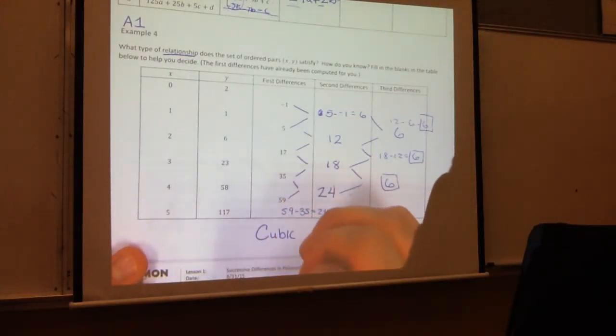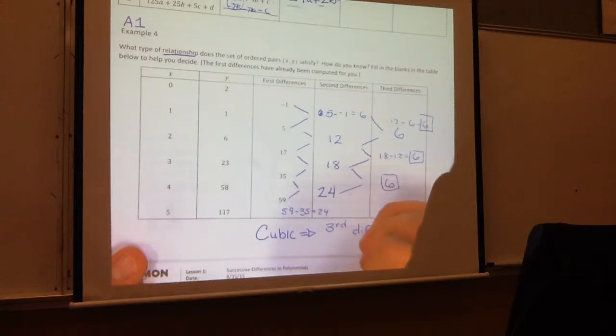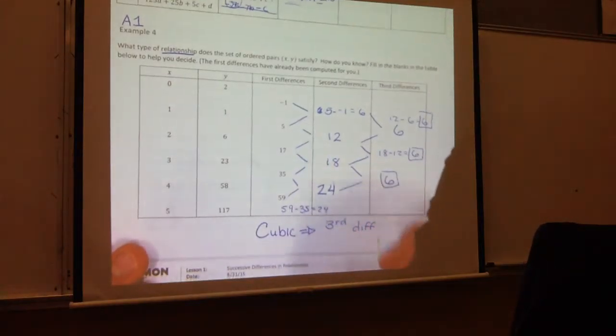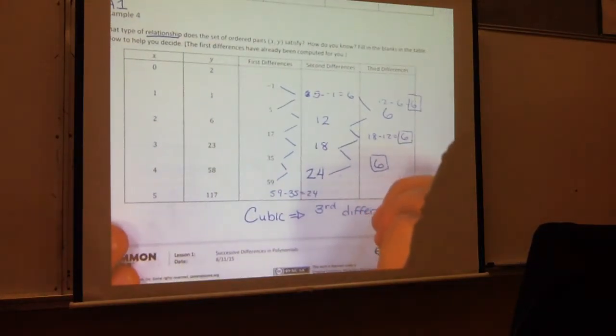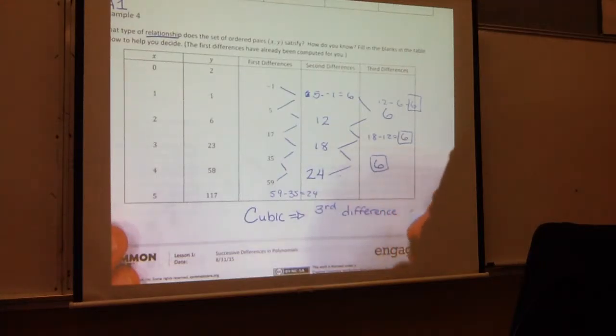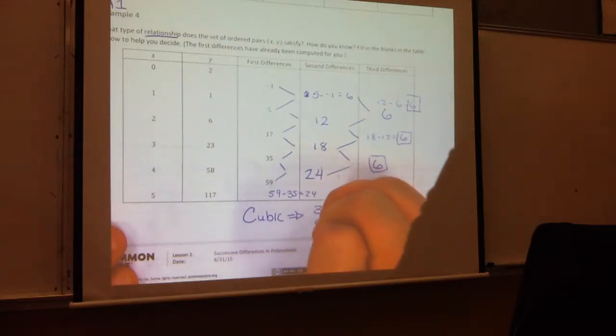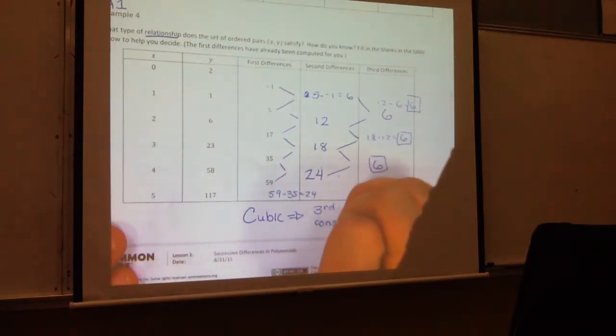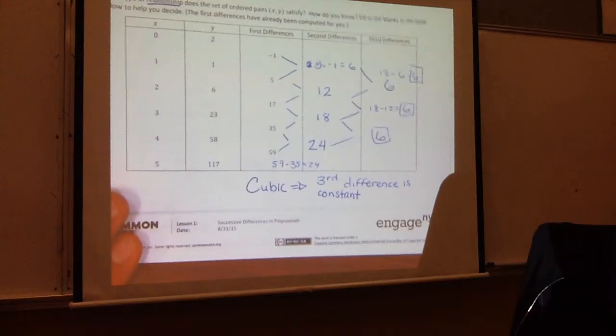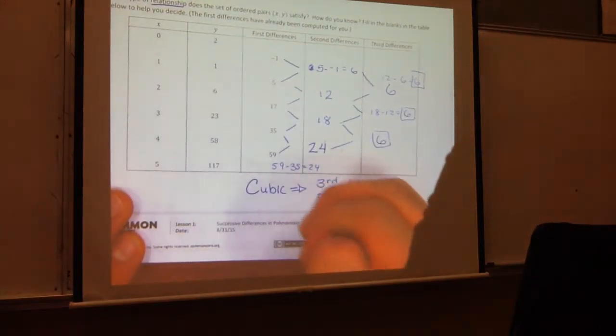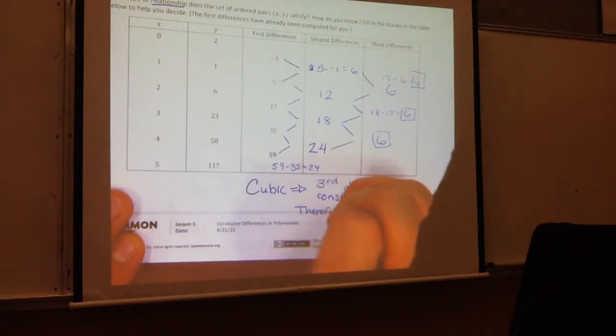And it's a cubic because the third difference is constant. Therefore, it is cubic.